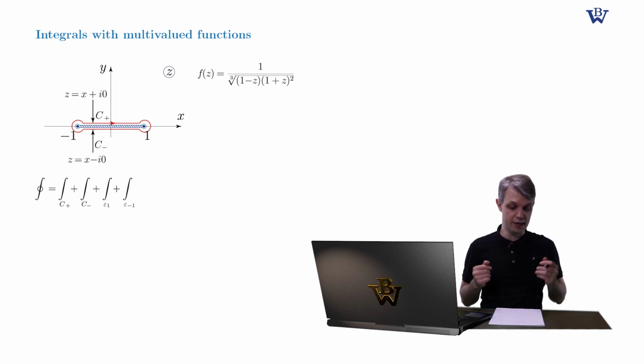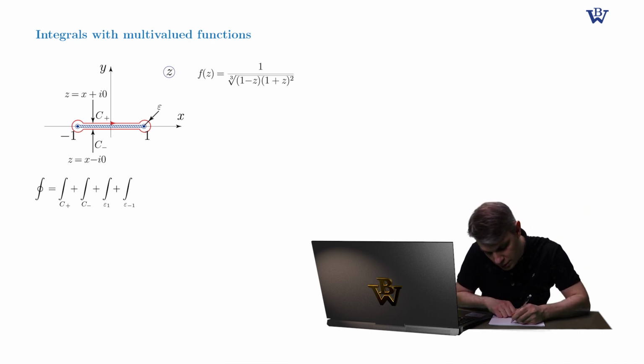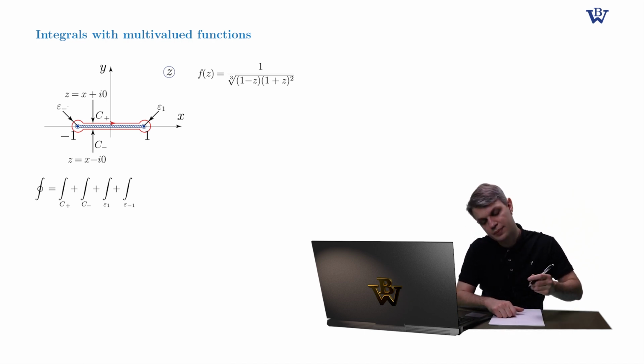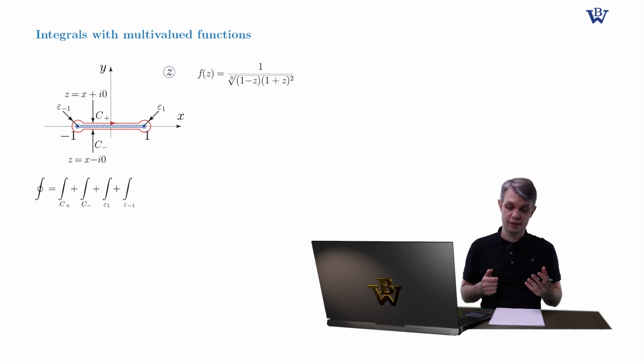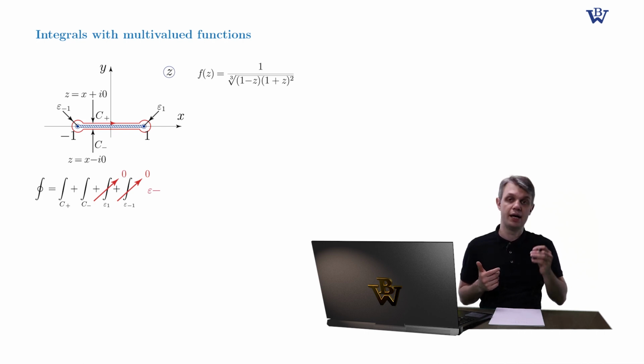Then there are weight plates, the infinitesimal circles round the branch points. Let's call them epsilon 1 and epsilon negative 1. In fact, both these circular integrals are vanishing when the radii of these circles are tending to 0.